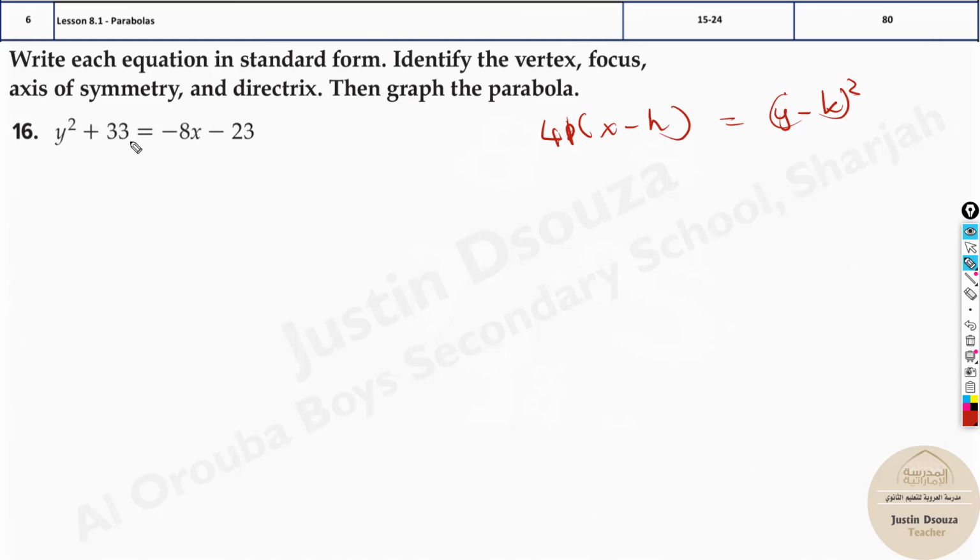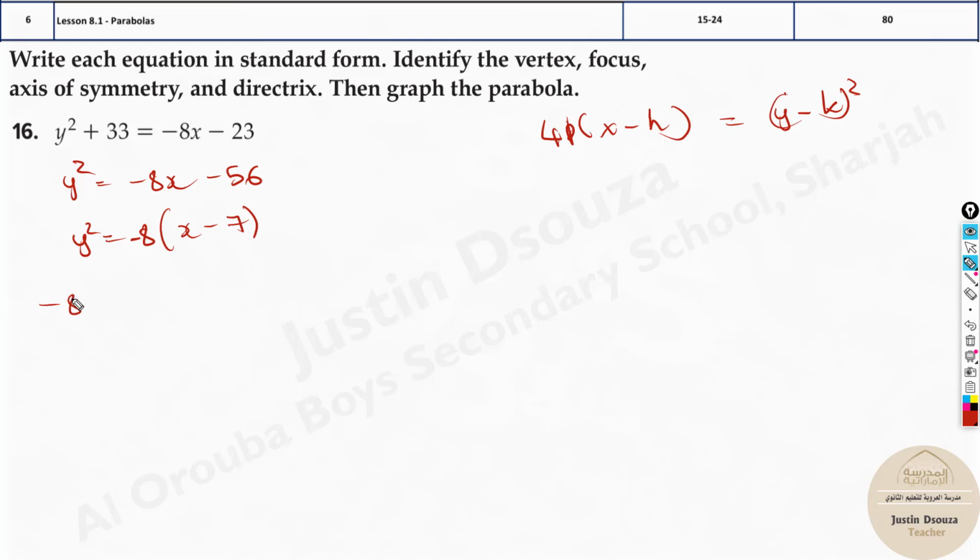Now, let me take all the numbers to one side and simplify. So I'll take this to the other side. It'll be y squared is equal to minus 8x. Minus and minus becomes plus 56 over here. Now what I'll do is I'll take the minus out and I'll take 8 out. It'll be x minus, again it's 7.